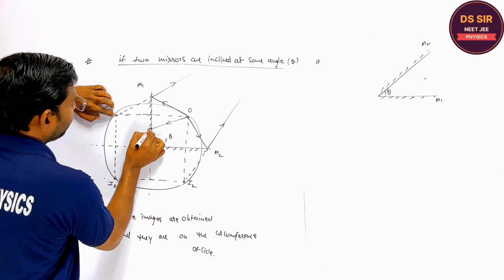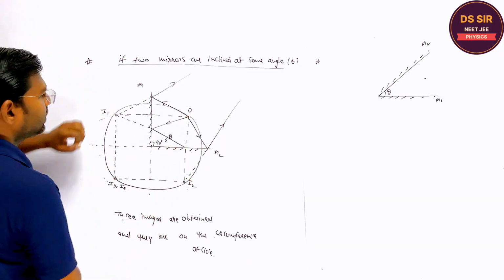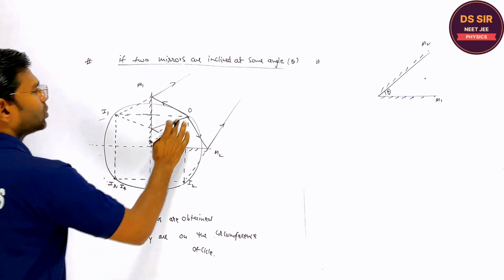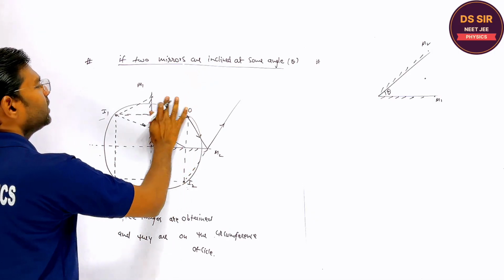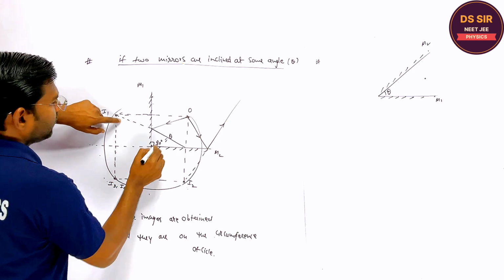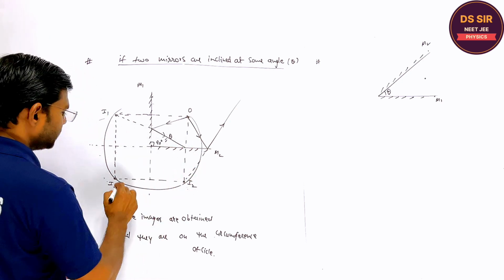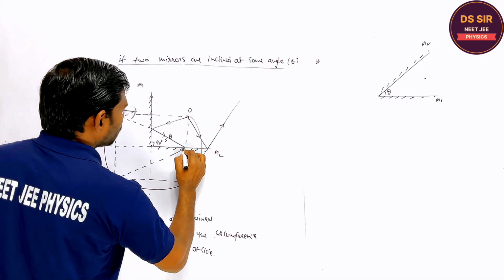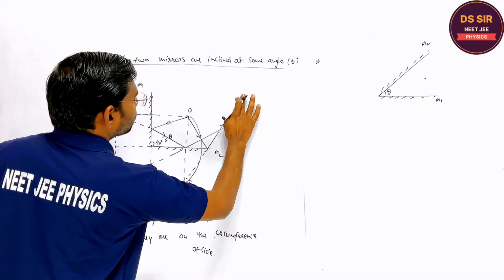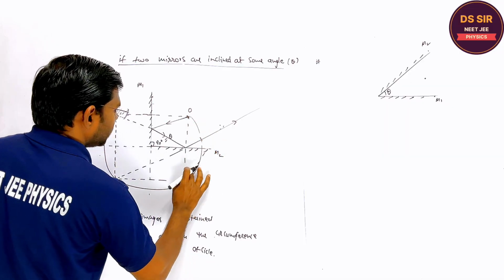If it is reflected and again reflected like this, this is the image formation. Leave this, you can draw this later.